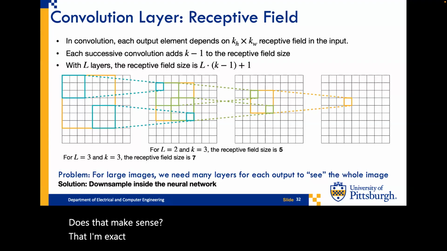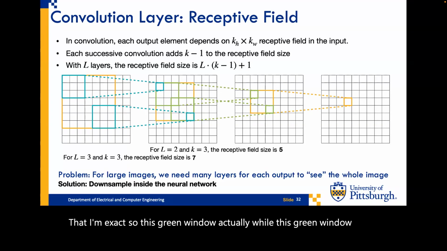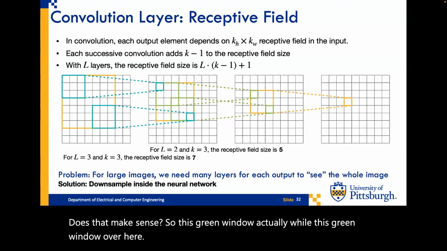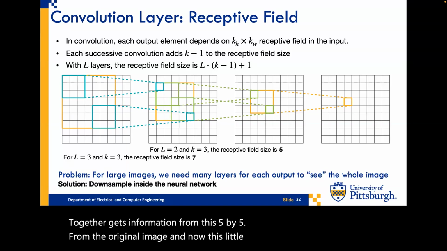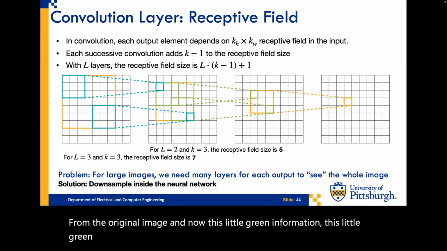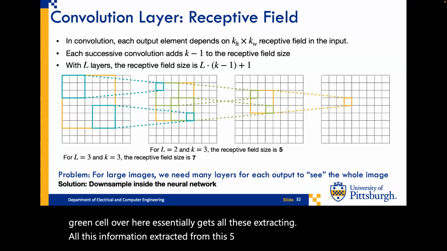So this green window together gets information from this 5 by 5 of the original image. And now this little green cell essentially gets all the information extracted from this 5 by 5 window in the original image.